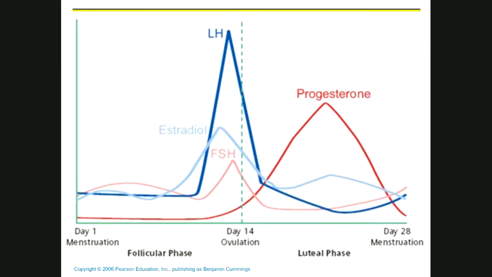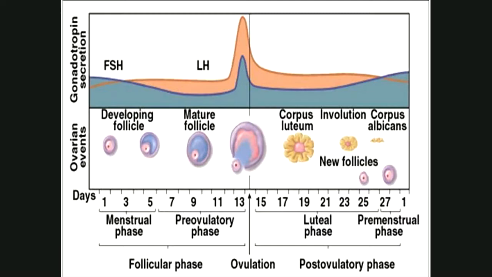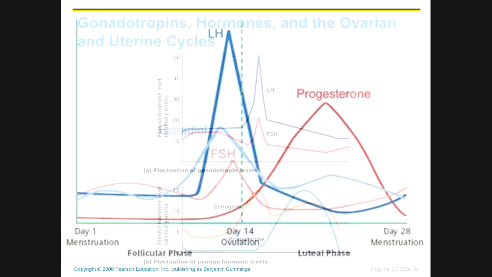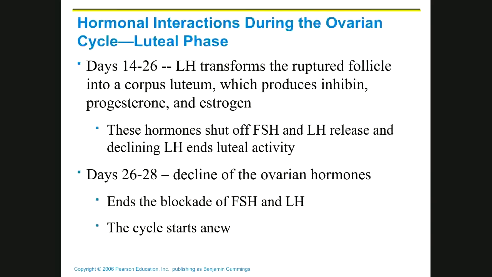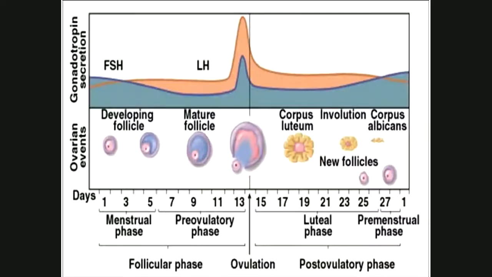So that's the ovarian cycle. And it just happens over and over and over again. And so the whole point of this ovarian cycle is to get this oocyte out and get it to a place where it can be fertilized. But remember, that's not enough. We also have to provide a place for it to develop.